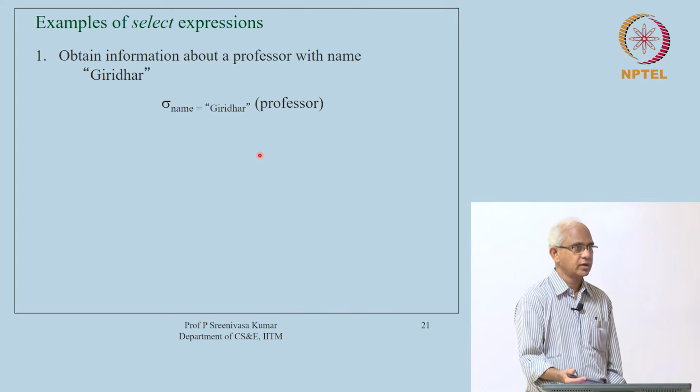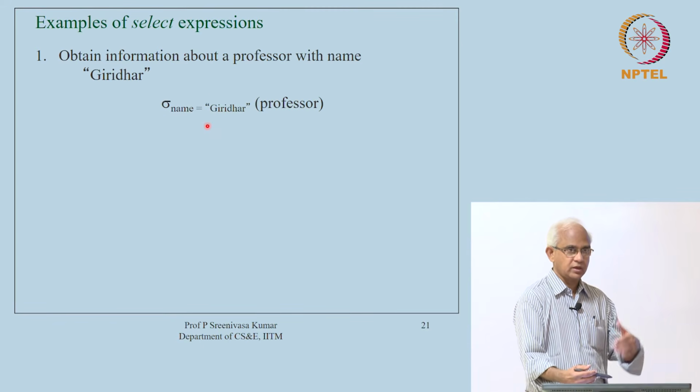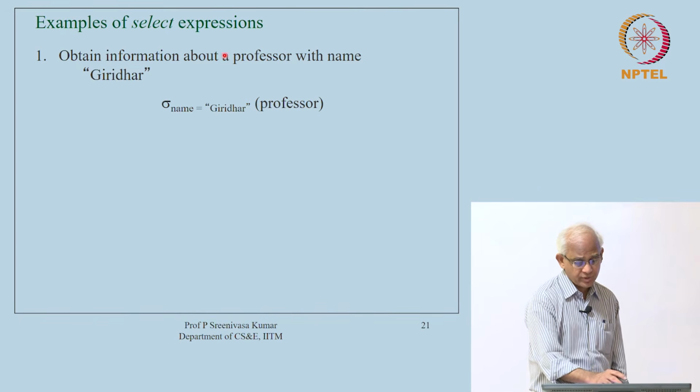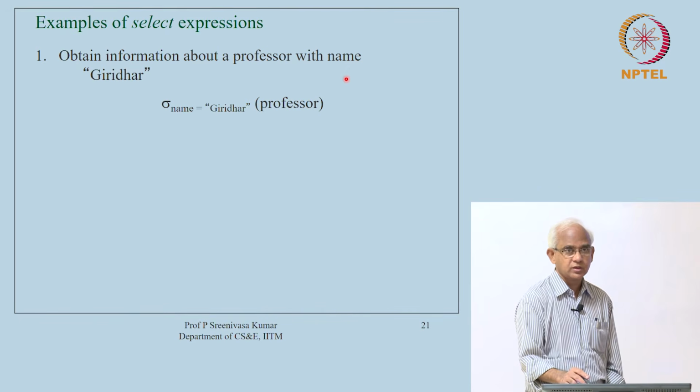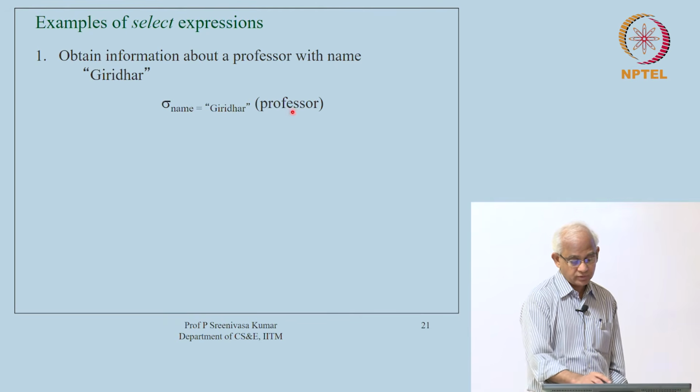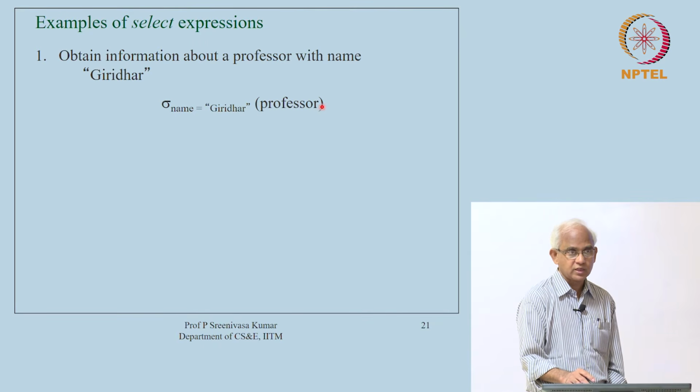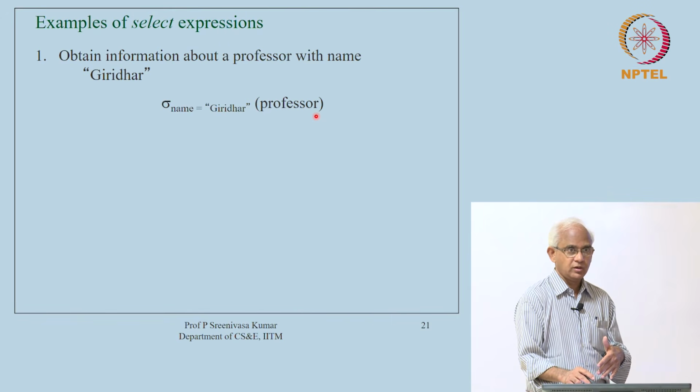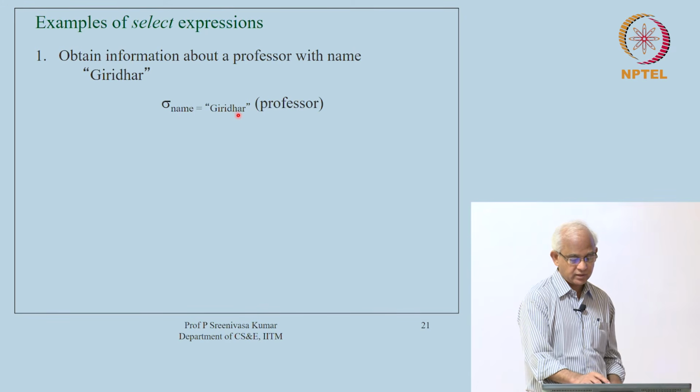So if there are multiple Giridhars, they will all be listed. So the entire information about the professor tuples, this now stands for a relation which has the same scheme as professor, but contains only those tuples in which the name is exactly this string Giridhar.